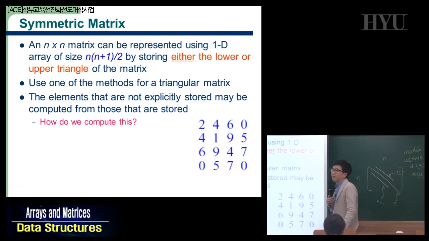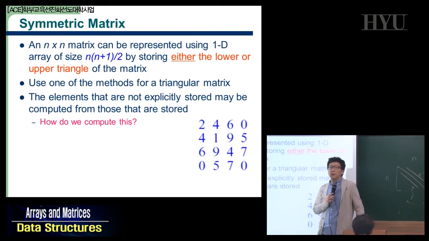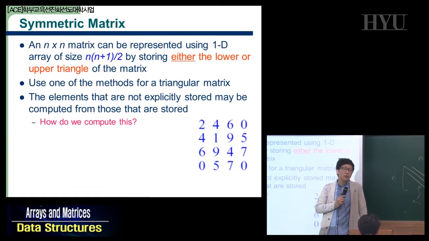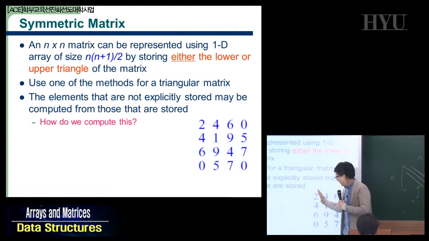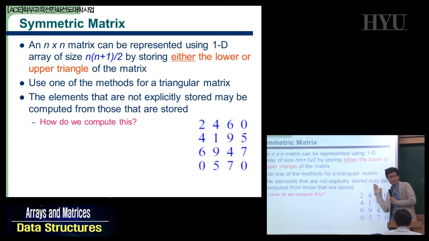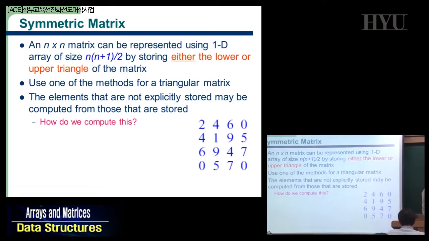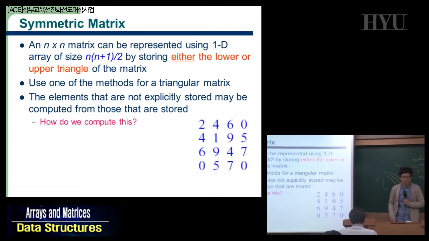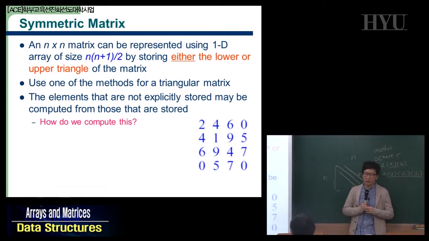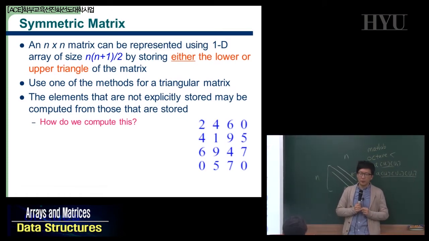So it will be the same space complexity as the lower and upper triangular matrix, right? I just simply need to store it on this side or this side. Using one of the methods for a triangular matrix, the elements that are not explicitly stored may be computed from those that are stored. That simply means I know the exact opposite side from one side because it's a symmetric matrix.